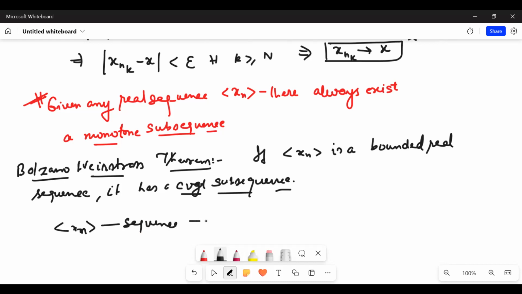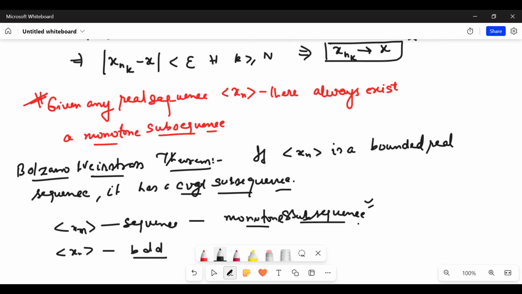See, if xn is any sequence, then it always would contain a monotone subsequence. This is clear? And further, I know that xn is bounded. If xn is bounded, then the subsequence would be bounded, and the subsequence already is monotone.